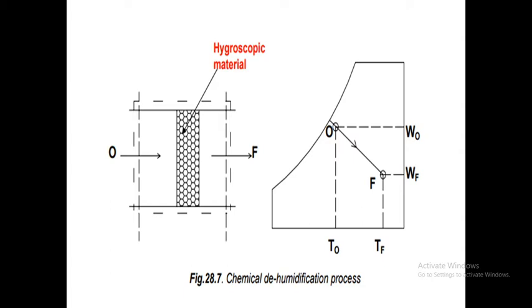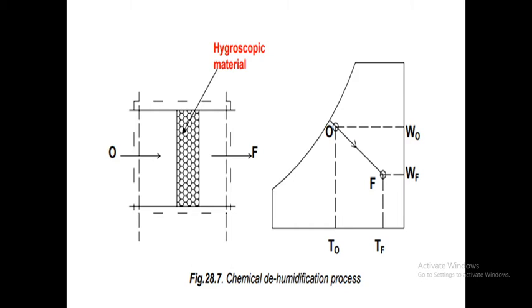This process is thermally isolated, that is a heating process, so the enthalpy of air remains constant. The result is that the temperature of air increases and the moisture content decreases.